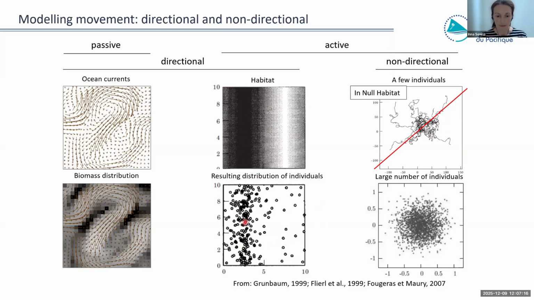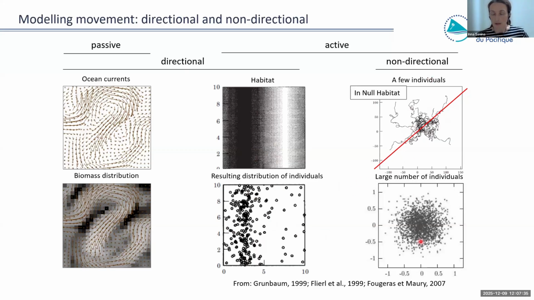So in a finite time, we will see that the majority of individuals will be concentrated in the good habitat. And this phenomenon is modeled in the advection diffusion reaction framework as the movement towards the gradient of the habitat. And this is how we do it in CPDIM.